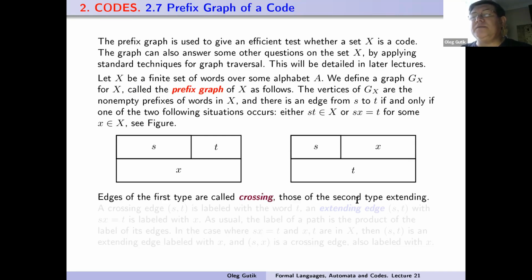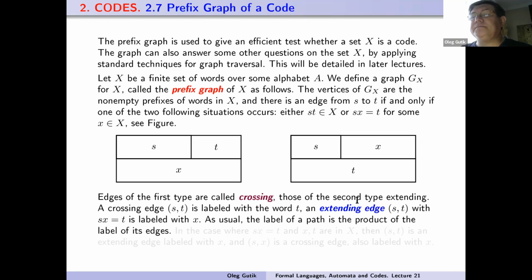Edges of the first type are called crossing. Those of the second type, extending. A crossing edge (s,t) is labeled with the word t, and an extending edge (s,t), with sx equal to t, is labeled with x.